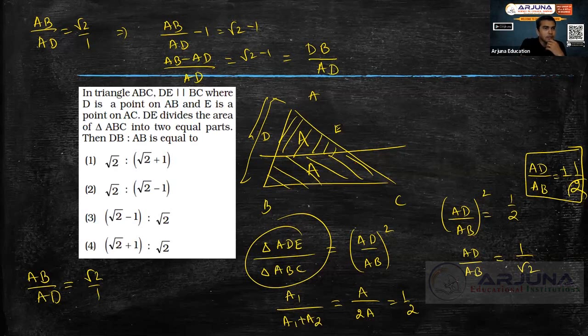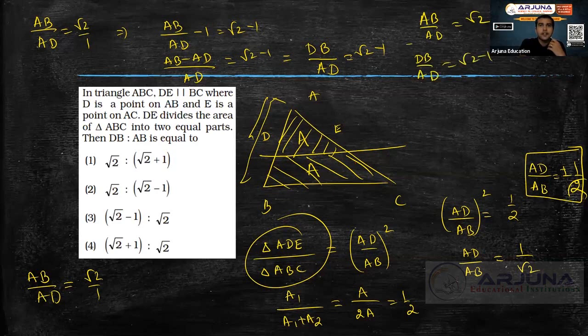I need to find DB by AB, right? Second option, I think we'll get. So DB divided by AB will get root 2 minus 1. I also know that I have calculated AB divided by AD is equal to root 2, and DB divided by AD is equal to root 2 minus 1. If I take the ratio of these two, I'll get root 2 minus 1 by root 2.